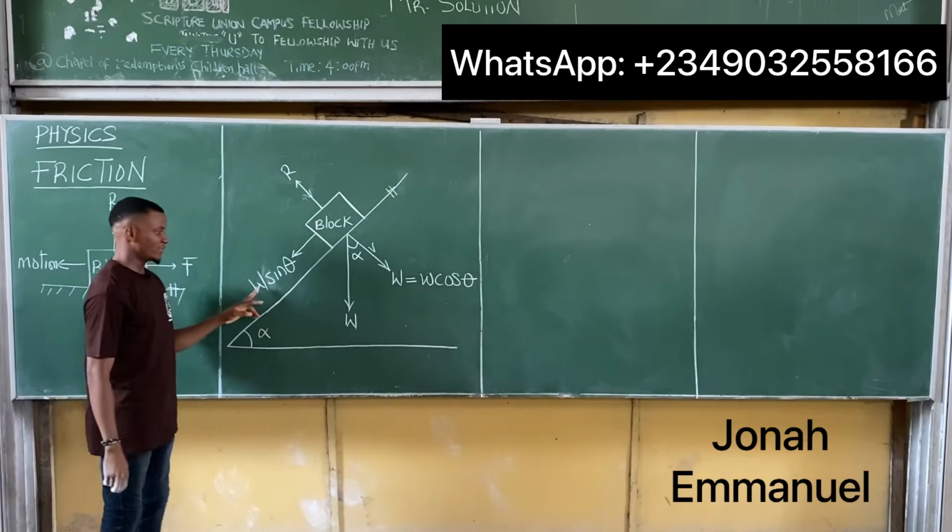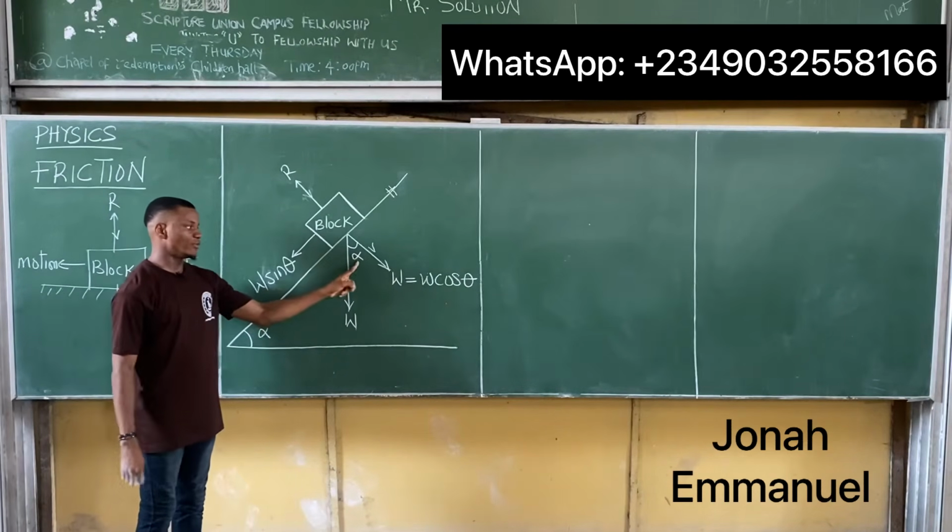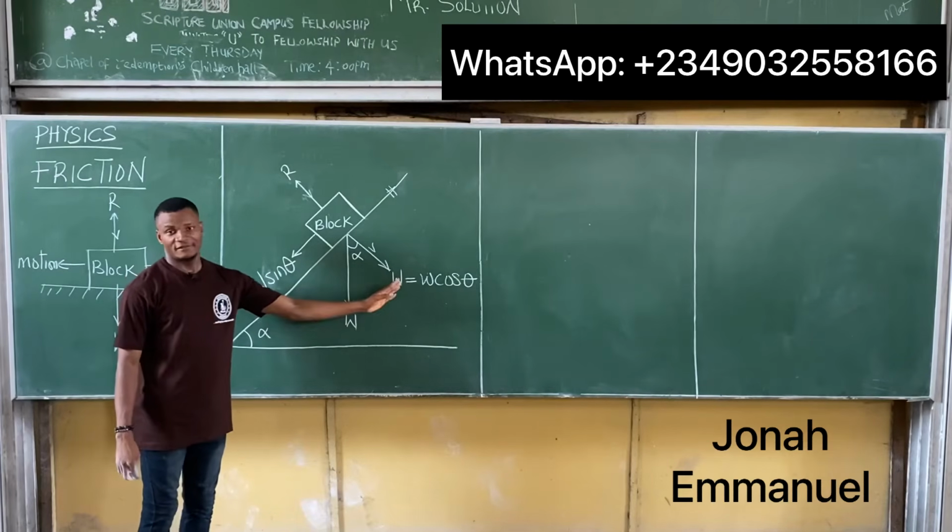Why we have W sine theta and cos theta is because we are resolving this both horizontally and vertically.